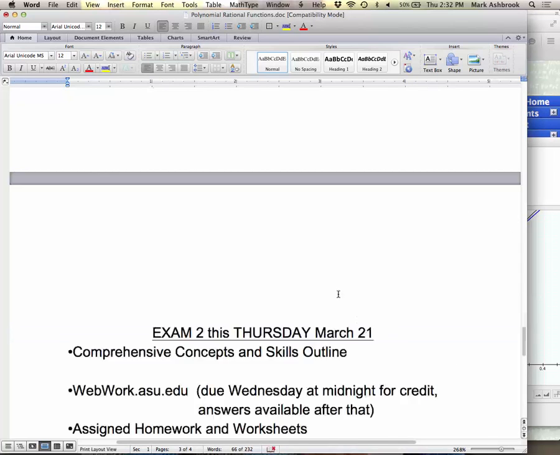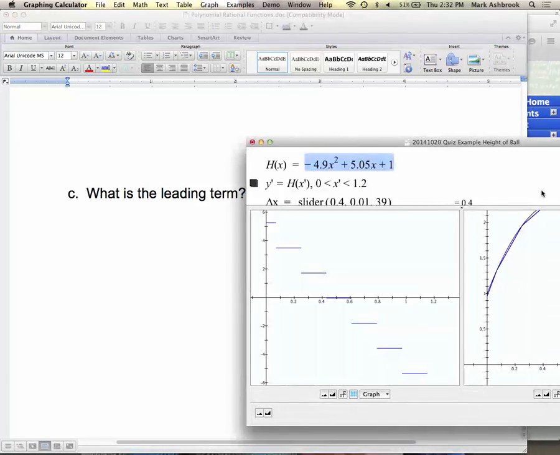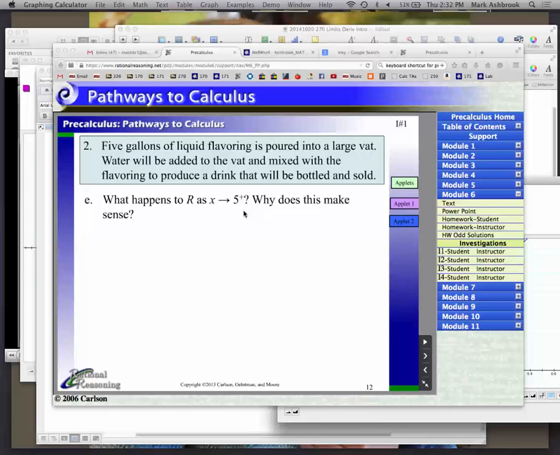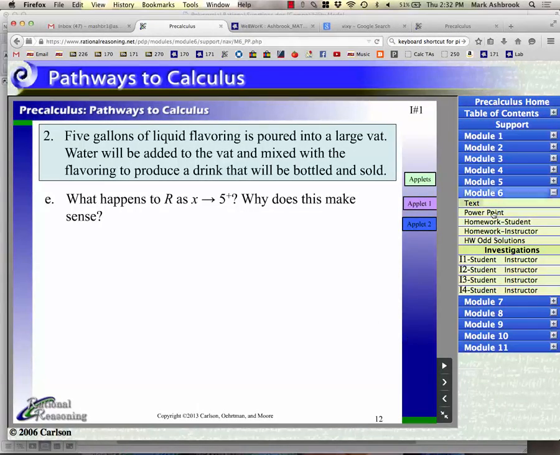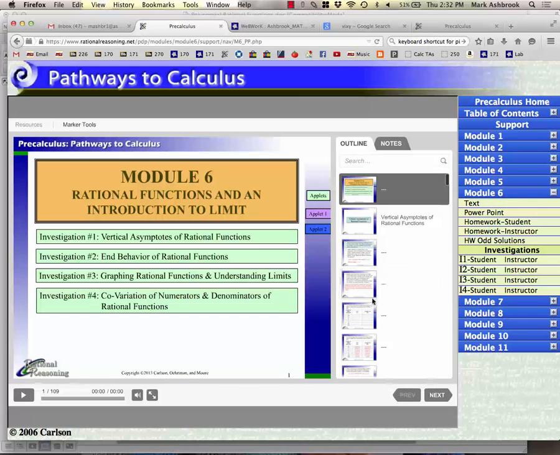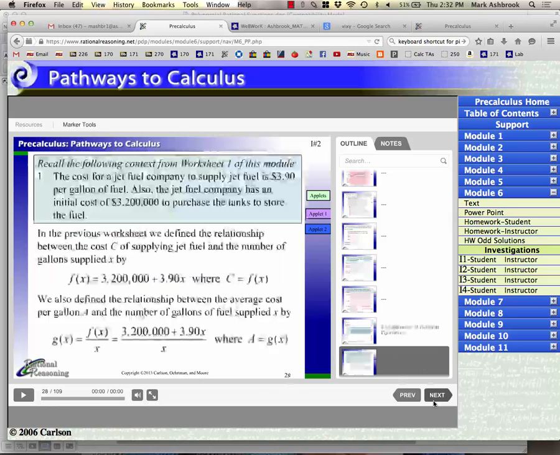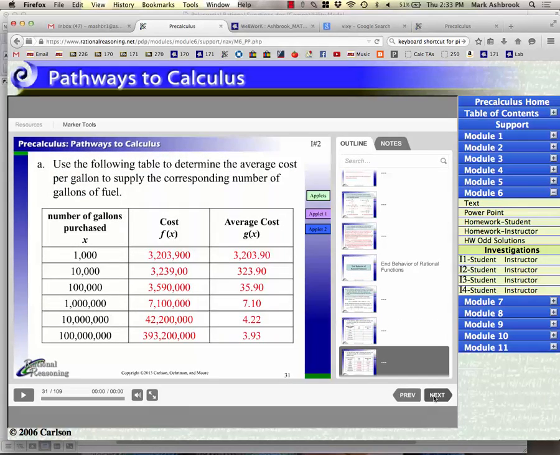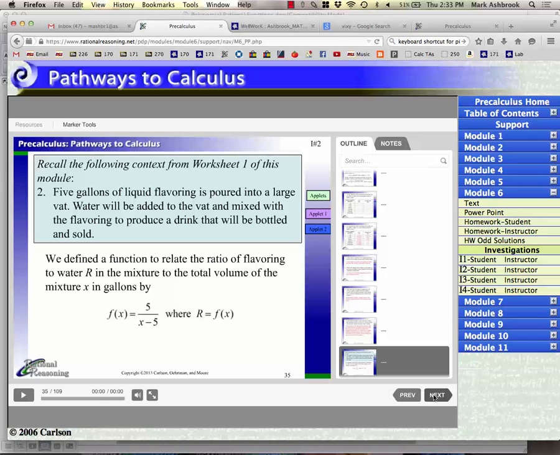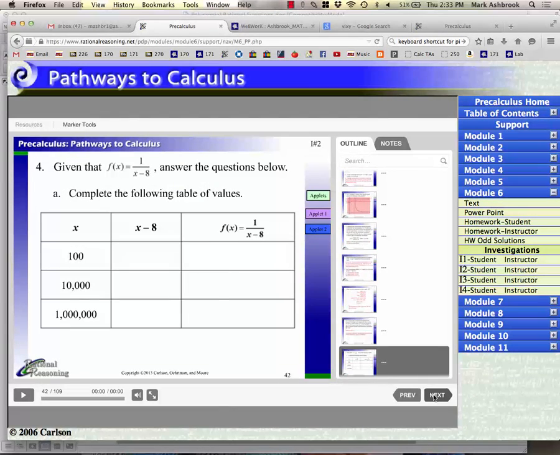I had some here. So in your workbook, where is it? Module 6, investigation, PowerPoint. Oh, come on.